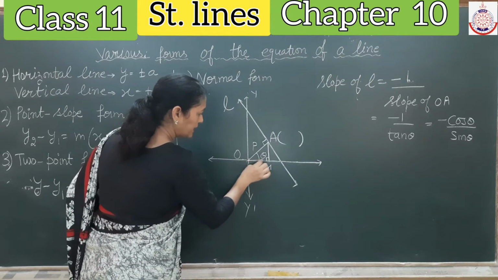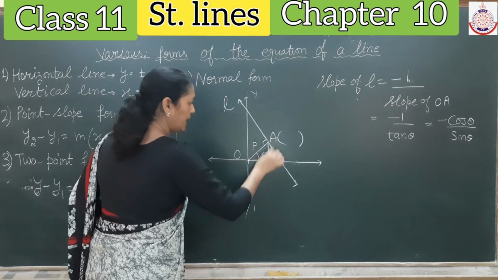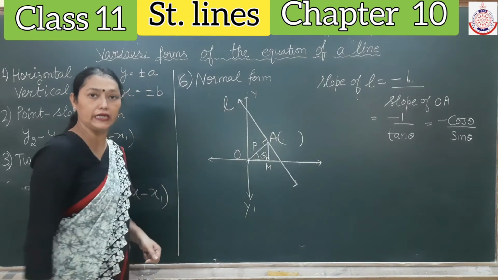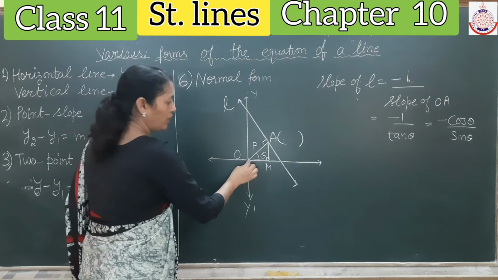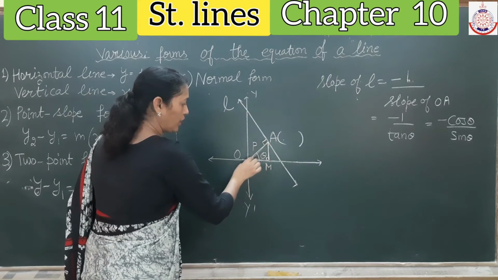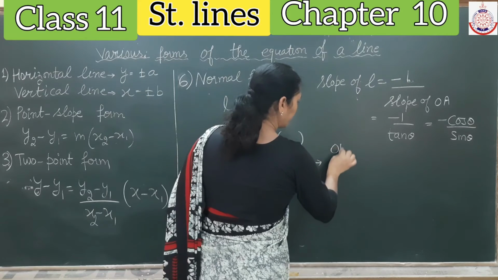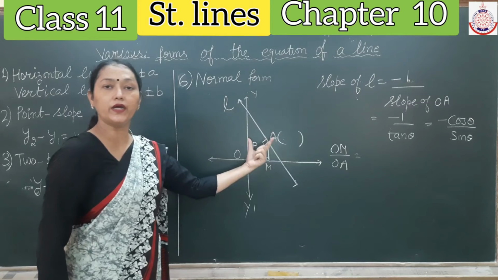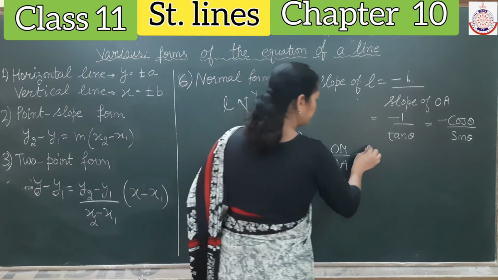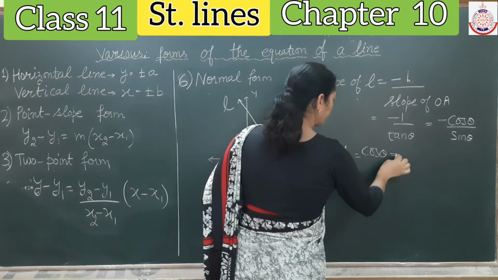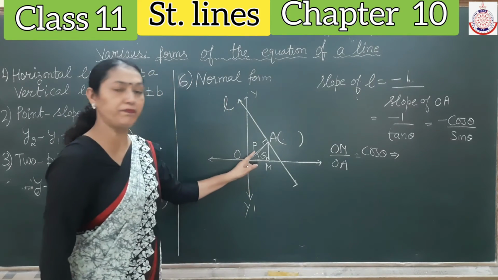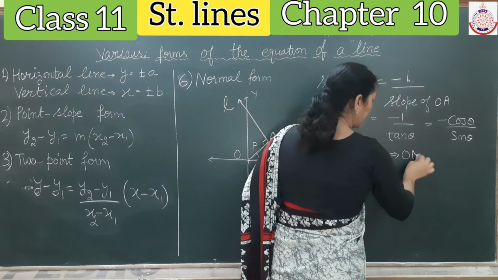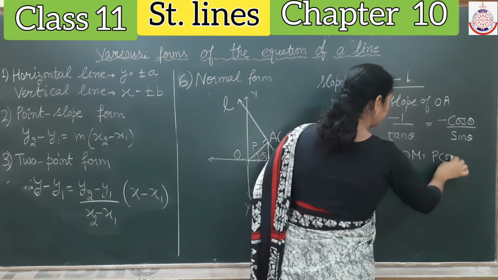If we calculate OM and AM, we'll be able to find the coordinates of A. OM upon OA, base upon hypotenuse, is cos theta. Now OA is P, so we'll get the value of OM as P cos theta.